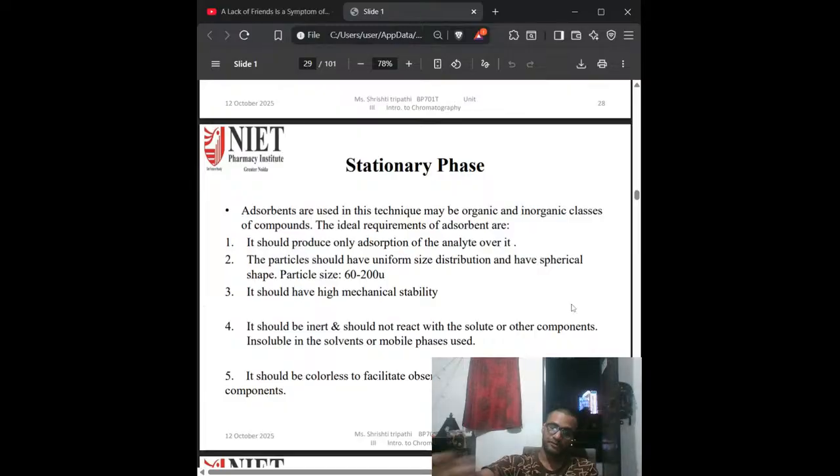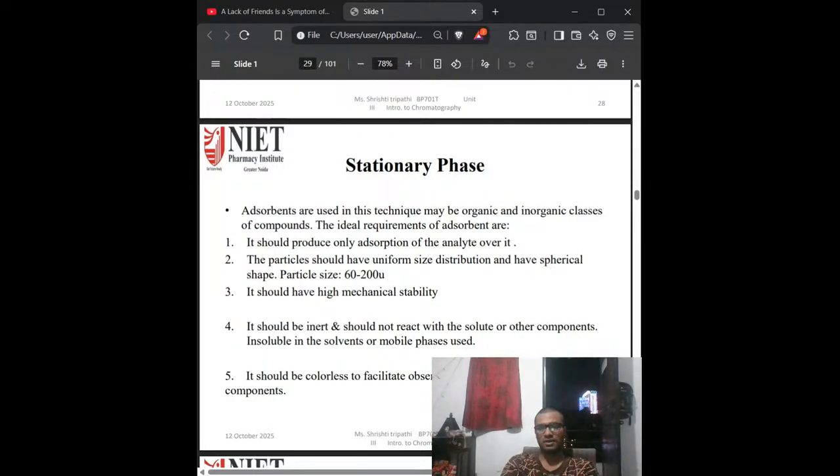First, the stationary phase. Adsorbents used in this technique may be organic or inorganic classes of compounds. The ideal requirements of an adsorbent: it should produce only adsorption of the solute over it.